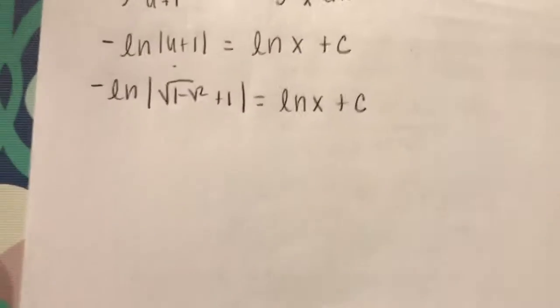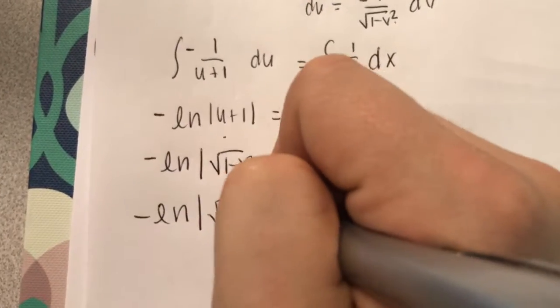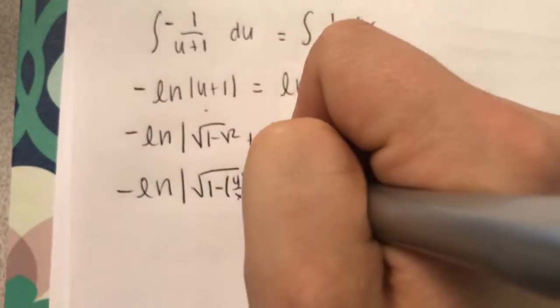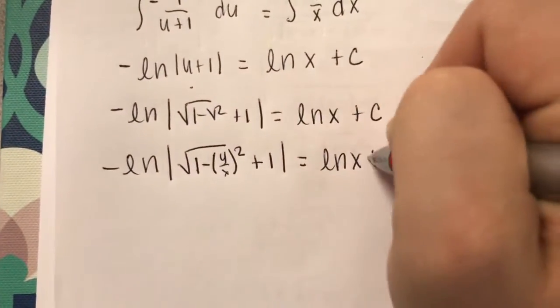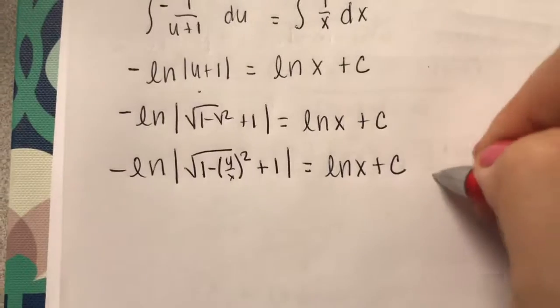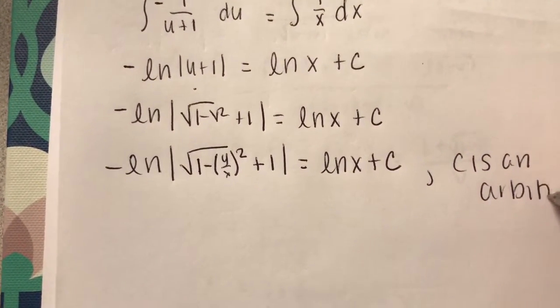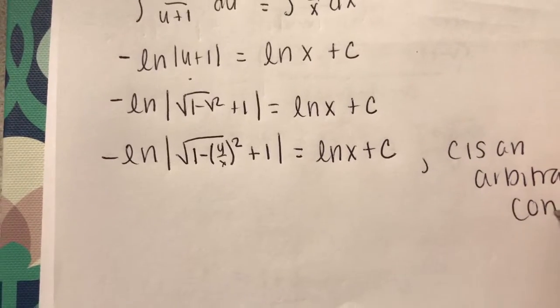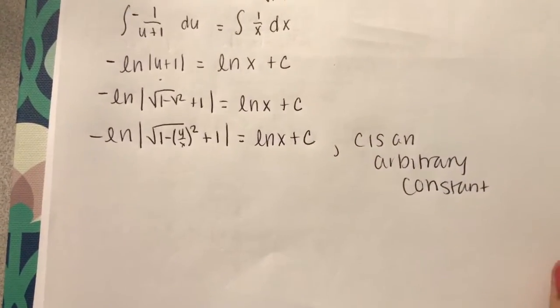So I get the negative natural log of the square root of 1 minus, like I said, my y over x is v, so y over x squared, plus 1 equals the natural log of x plus c, where in this case c is an arbitrary constant. So now that is how you solve this differential equation.